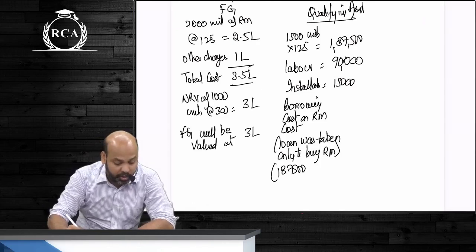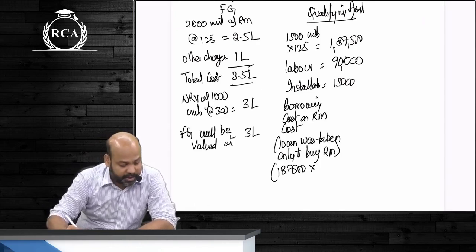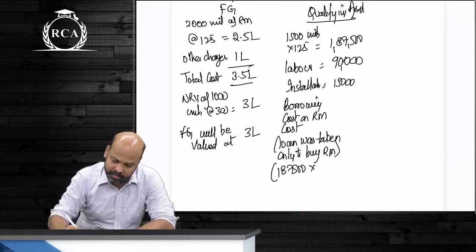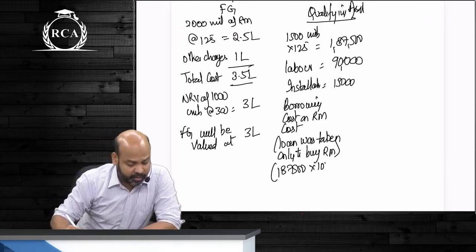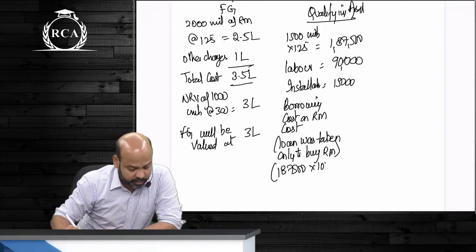187,500 into loan rate 10%. How much will this be, guys? When was the asset completed? Is any date given, guys? Nothing, no? Check it once, otherwise the whole answer will go wrong.